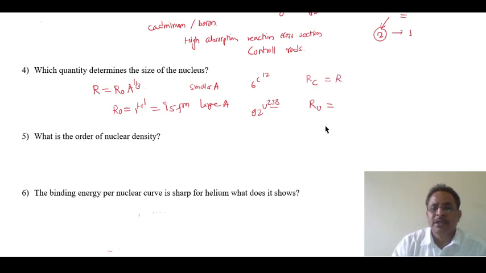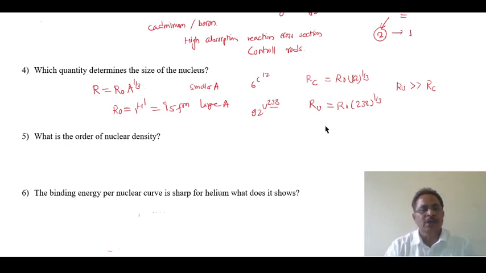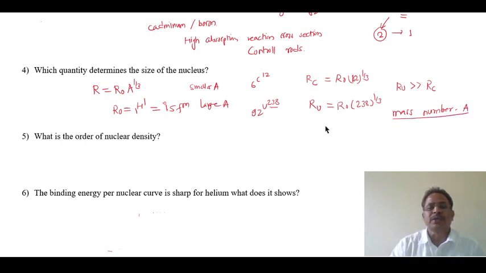You can calculate here R0 times 12 raised to 1 by 3, and R0 times 238 raised to 1 by 3. Of course, this RU will be much bigger as compared to RC, the carbon radius, and therefore the quantity that determines the size of the nucleus is nothing but the mass number, that is the capital A. So there can be one or two questions based upon this simple empirical formula or the nuclear dimensions as given by Rutherford's experiments.